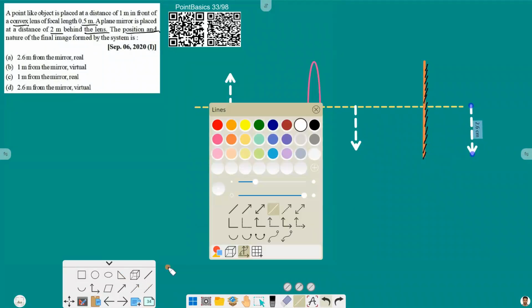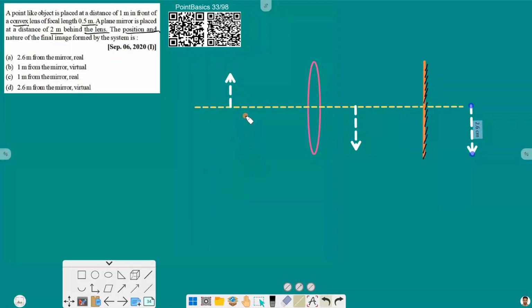Let me draw the ray diagram so that it can become slightly better to understand. So a light ray will go like this, they will bend like this, and they will go like this. Now after this, they will go like this, and they will now further continue like this.